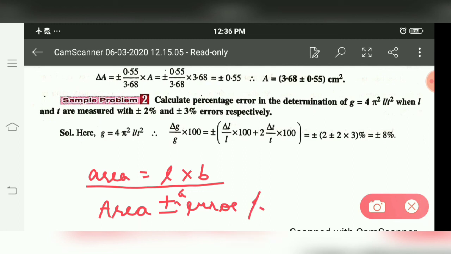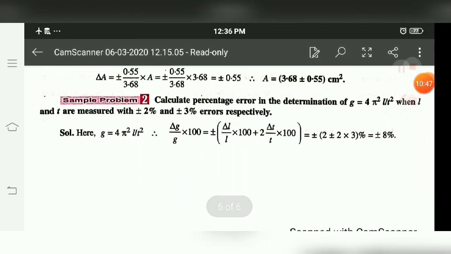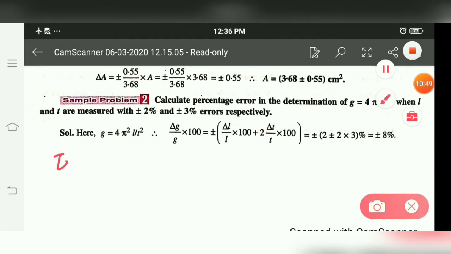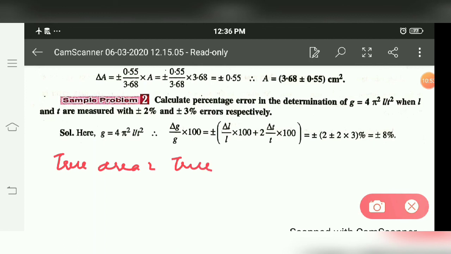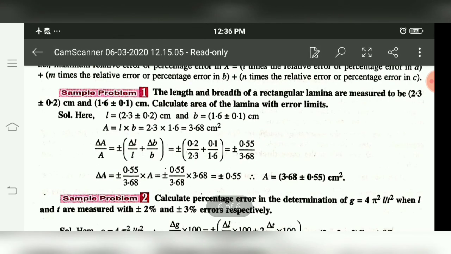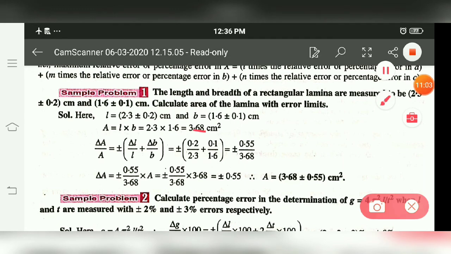First of all, to calculate the true area, we take true length into true breadth. So we get A equal to this value.